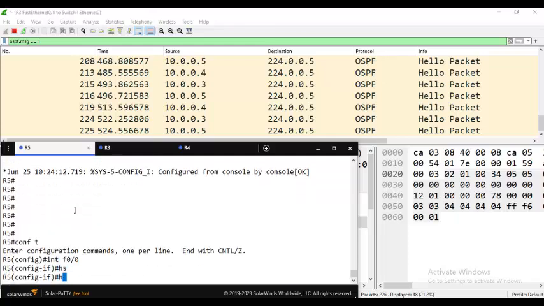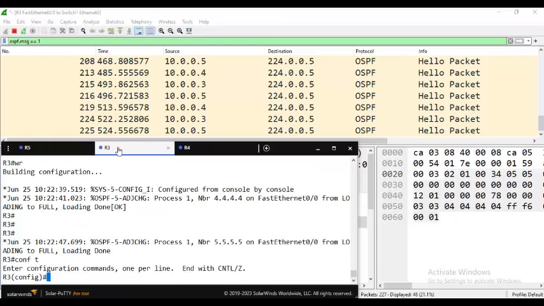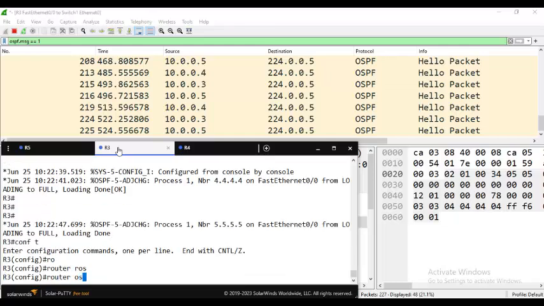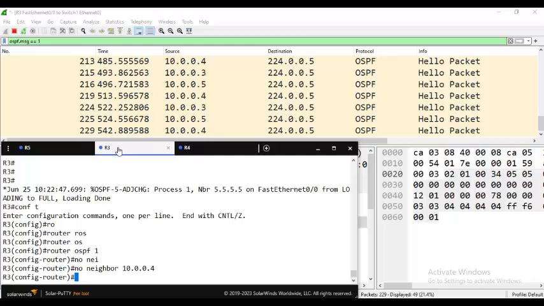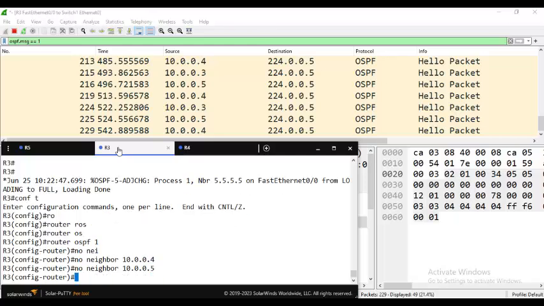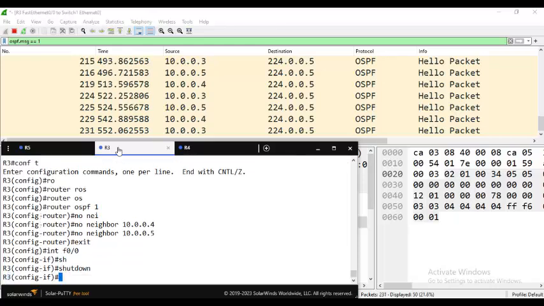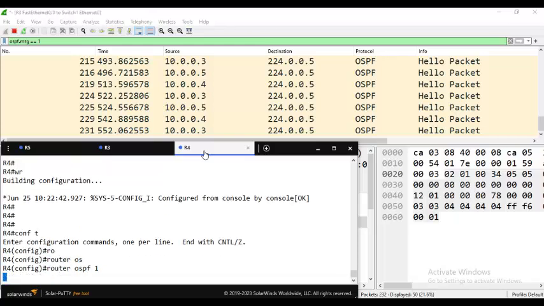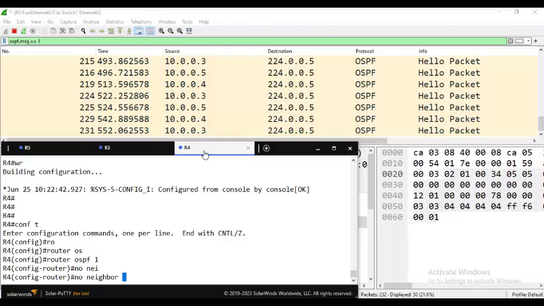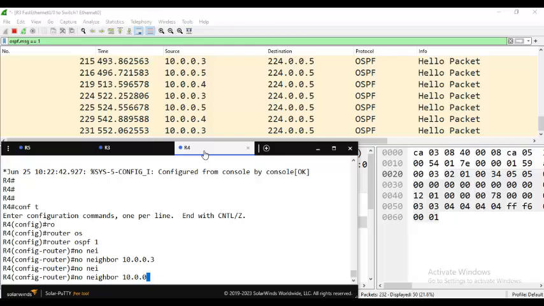Interface F0/0, shutdown. Okay, so when I now unshut the interfaces, I should get the proper expected outputs.